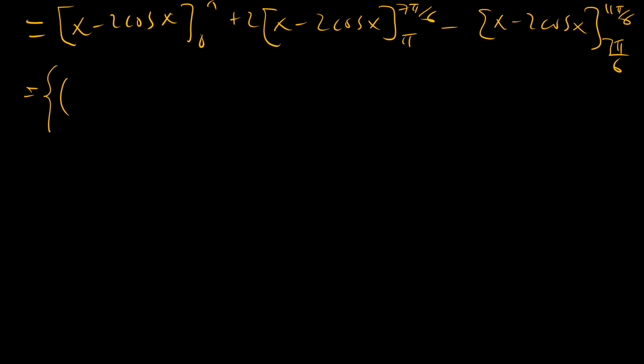Okay, so when we feed it in, we have pi minus 2 cosine pi minus 0 minus 2 cosine 0.